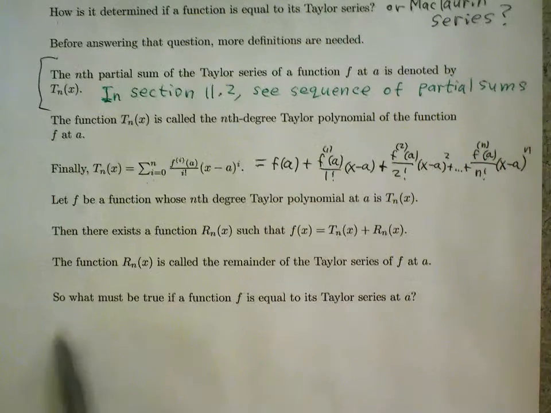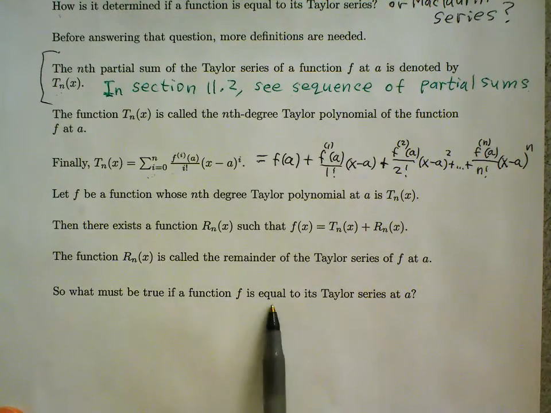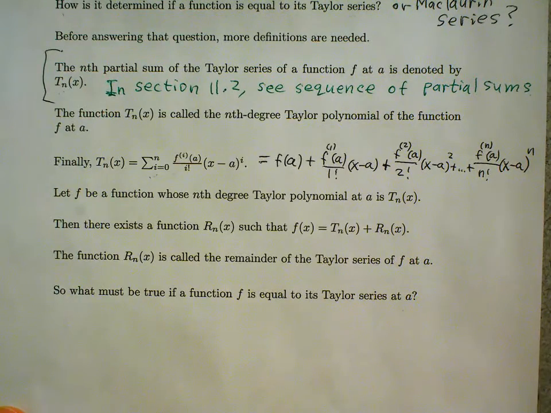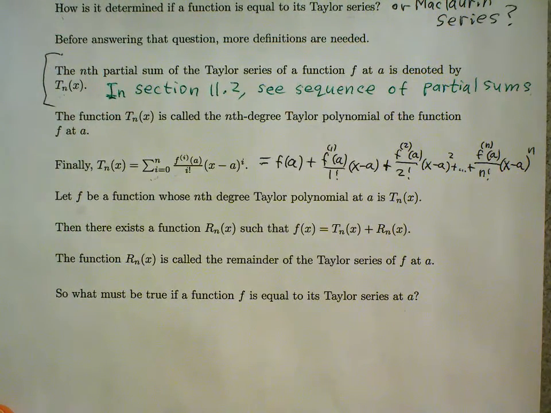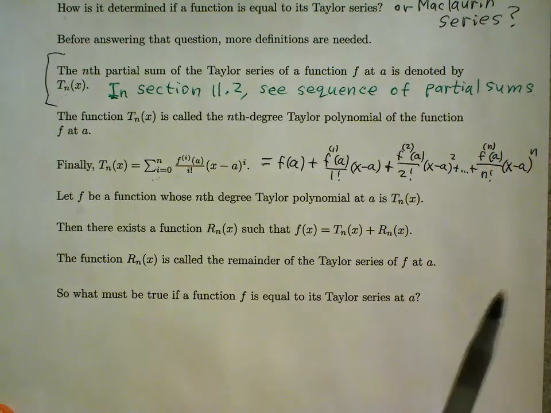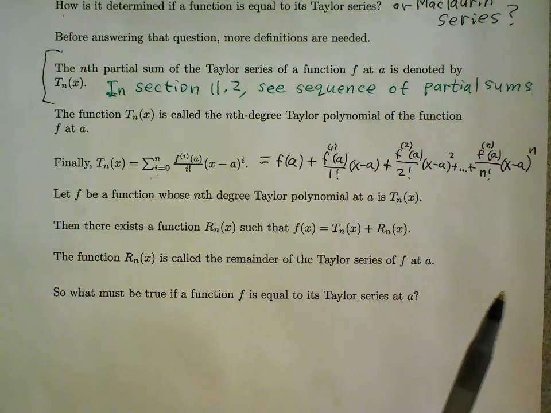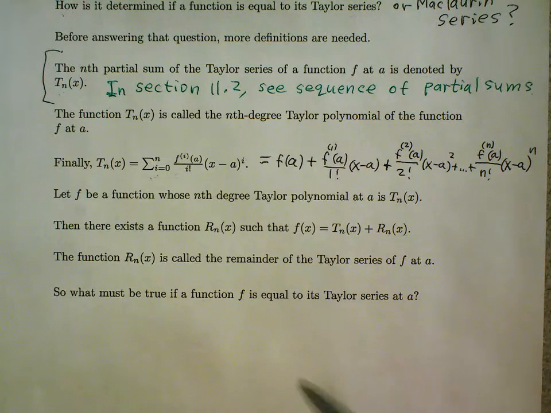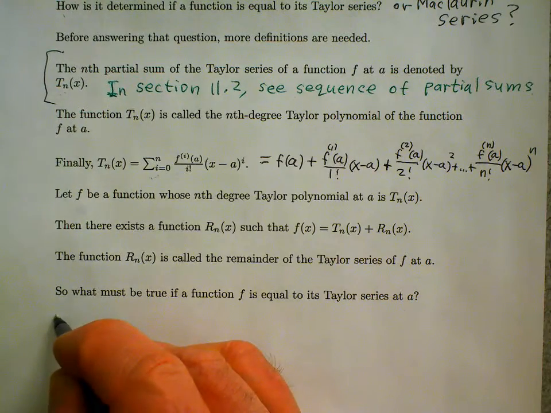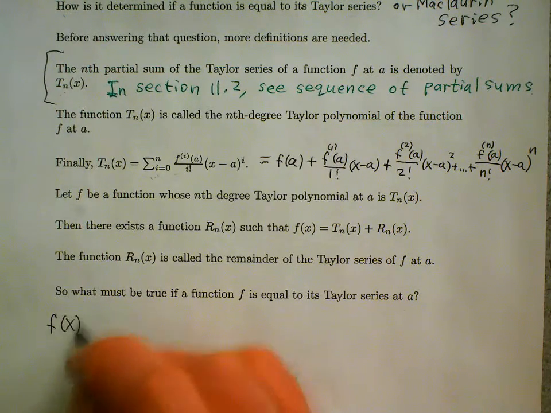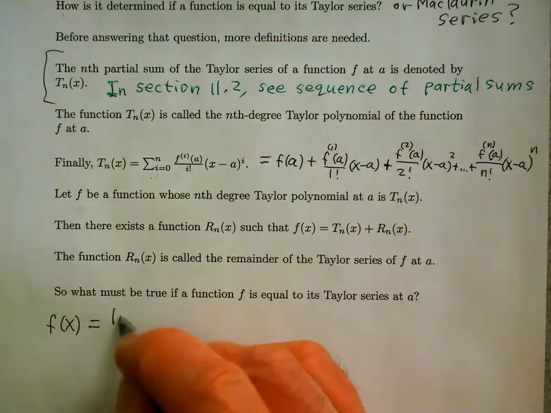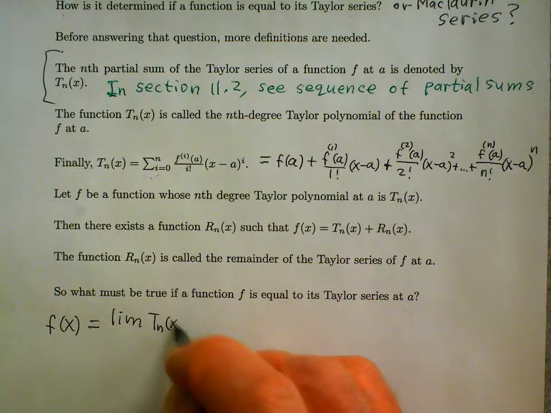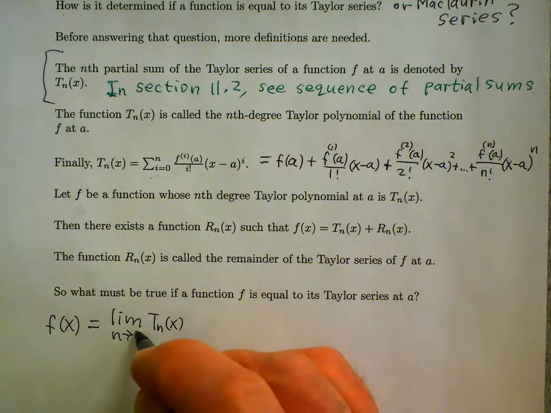All right, so what must be true if a function f is equal to its Taylor series at a? Well, analogous to what we discussed in section 11.2, it must be the case that f of x is equal to the limit of the Taylor polynomials, t sub n of x, as n approaches infinity.